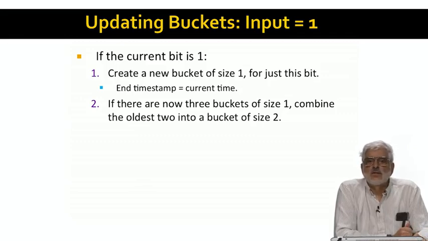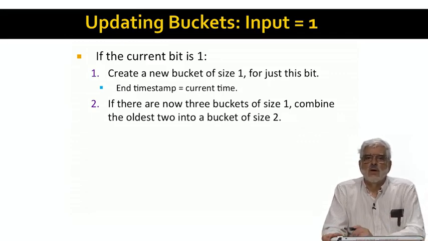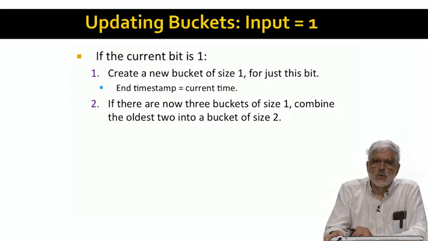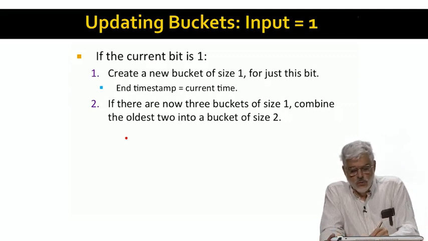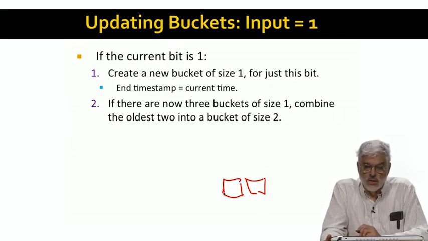Combining consecutive buckets of the same size is easy. We add 1 to the logarithm of the size, and we take the end timestamp to be the end timestamp of the more recent of the 2. So, for example, here are 2 consecutive buckets of any size, say 2 to the x.